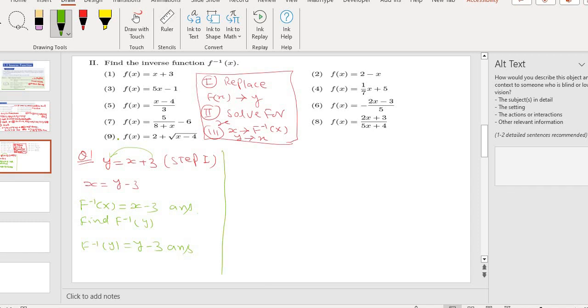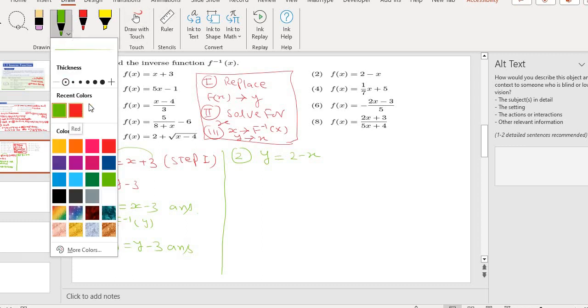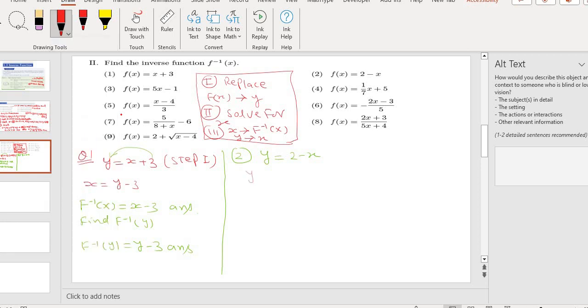Hopefully you people understand. Question number 2, f(x) is equal to this one. So what you have to do, first step is f(x) as y. So y equals 2 minus x, and step number 2, solve for x. So just move this to the other side. Because minus x is here, when you move this, it is y plus x is equal to 2.